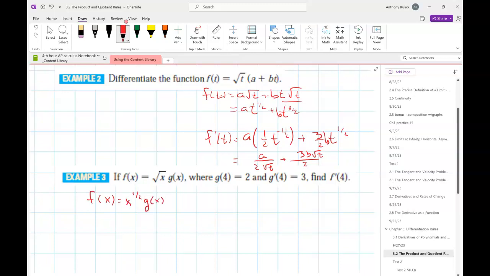So I'm going to start by rewriting square root x as just x to the 1/2. So f prime of x is going to be g of x times the derivative of x to the 1/2, and then I have x to the 1/2 times the derivative of g of x.